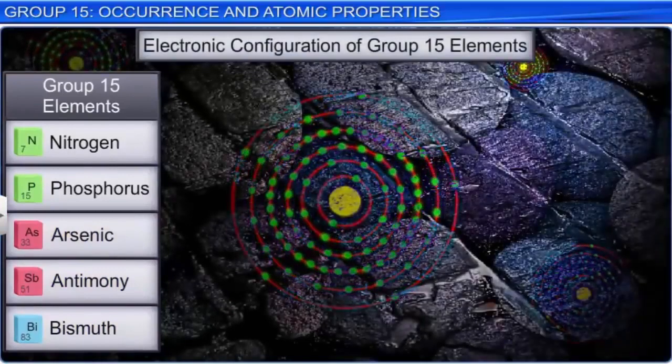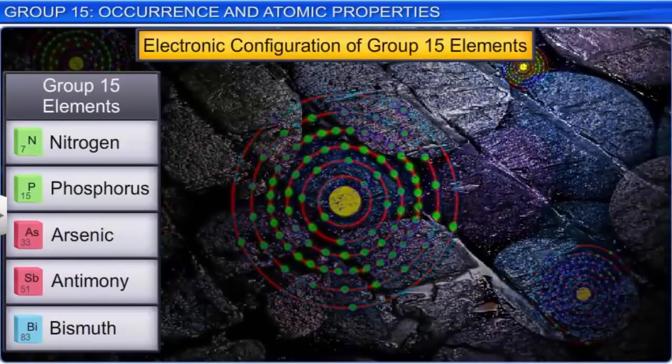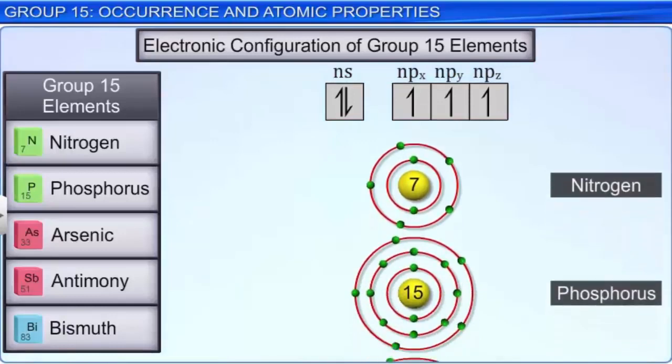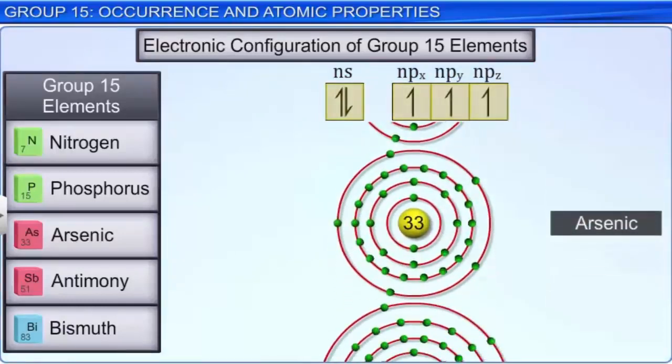Now let's look at the electronic configuration of group 15 elements. The differentiating electron in these elements enters the np subshell. Hence, the valence shell electronic configuration of these elements is ns2np3. So, it is evident that these elements have 5 electrons in their valence shell.